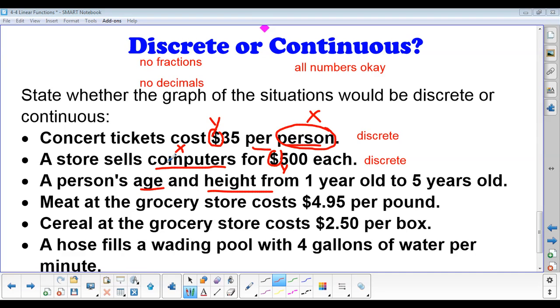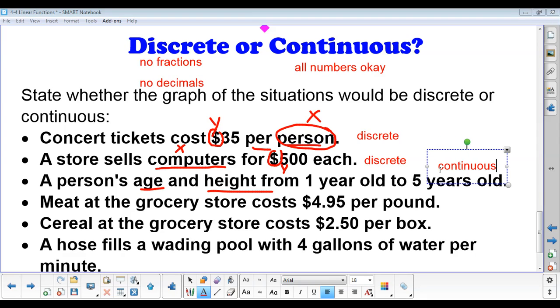Those can be calculated as fractions or decimals. Same thing with height. We don't jump from 1 foot to 2 feet. We're 1 foot 2 inches, or whatever the case may be. Both of these things, all numbers are okay. So this third bullet point is continuous.